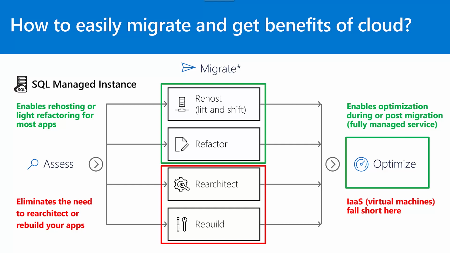So we want to see how we can move without modifying much, as quickly as possible, but get the benefits of cloud. So this is how things are designed. We put these factors up front, the product teams, and then they see how we can design a solution, a service to handle these things. So this is how these kinds of services come into the picture.